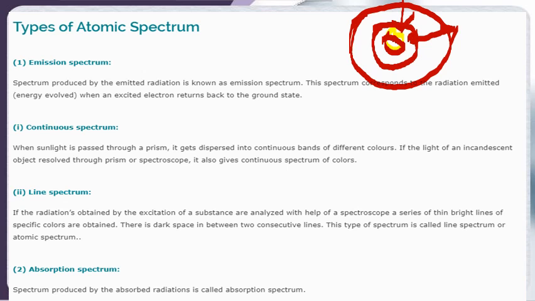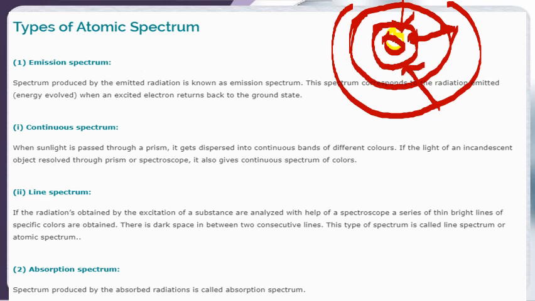So this is termed as the emission spectra, right? For each transition from the higher energy level to the lower energy level, it will emit an amount of radiation, right? So this is what forms the emission spectra.